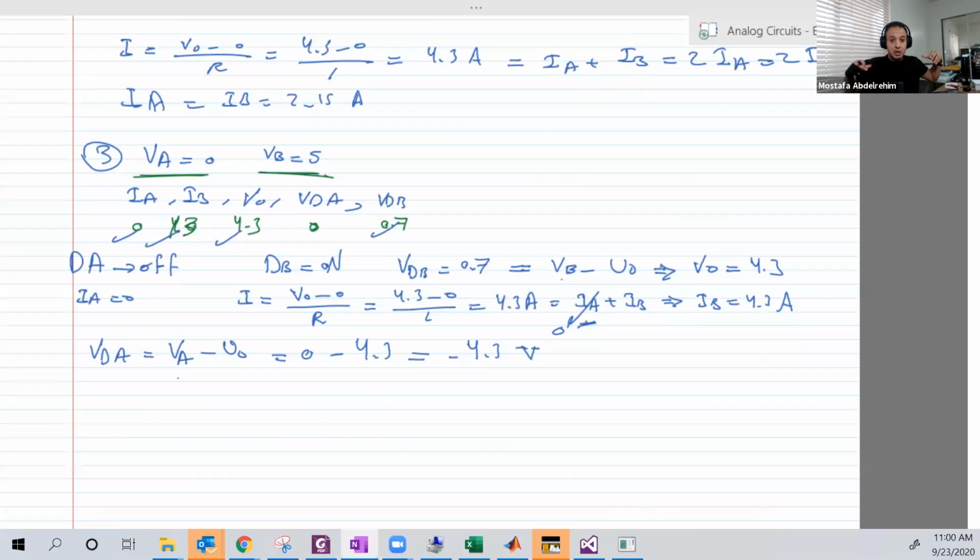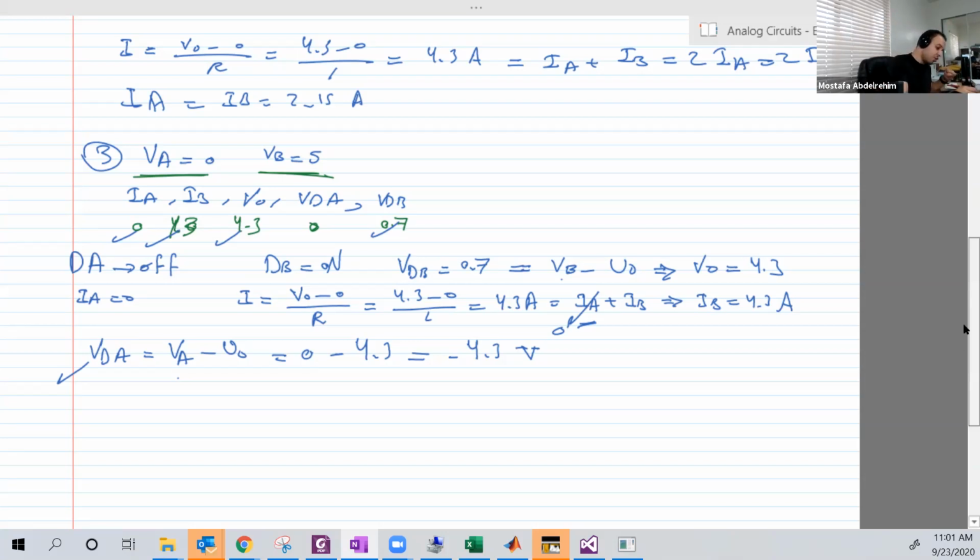The voltage will be determined based on the circuit analysis. So you complete your circuit analysis, then you get VDA. Any voltage drop, with the arrow like this, from here to here, is equal to that point voltage minus that node voltage.